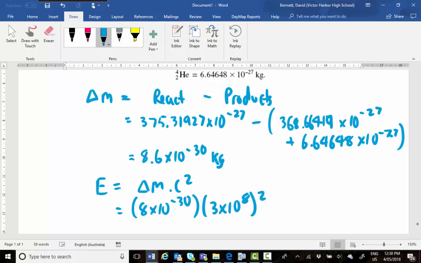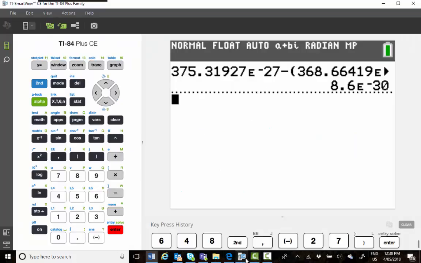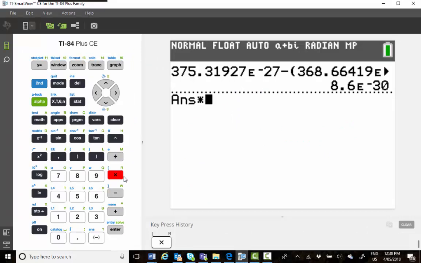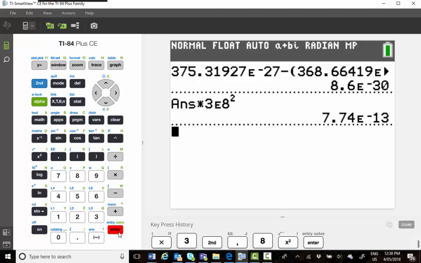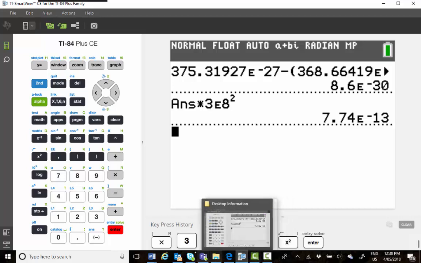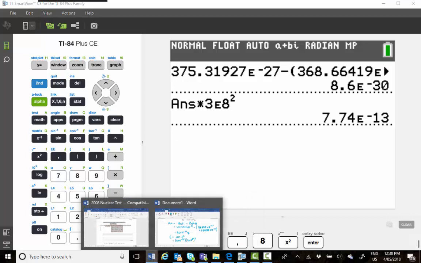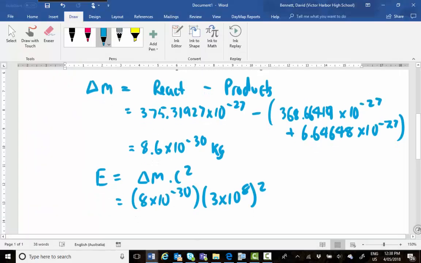So now I go to my calculator. If I just go times, it's got the answer from the previous thing, times that by 3 to the 8, and then I square that, and that will give me my energy, which is 7.74 by 10 to the minus 13 joules.